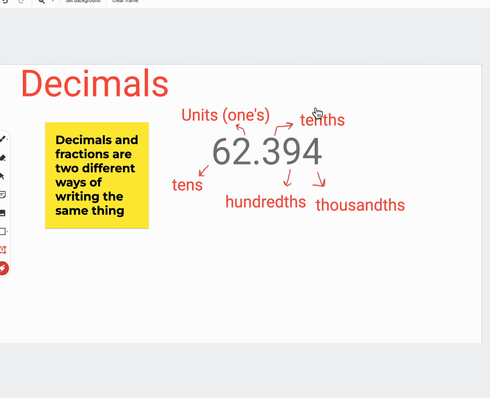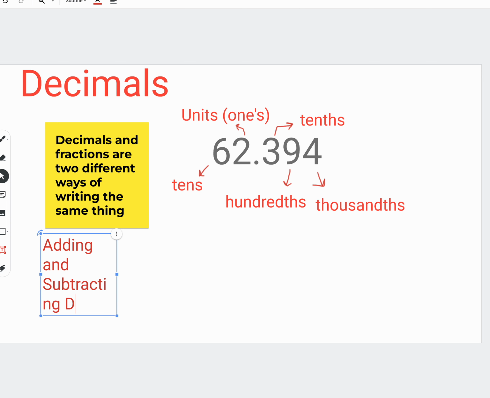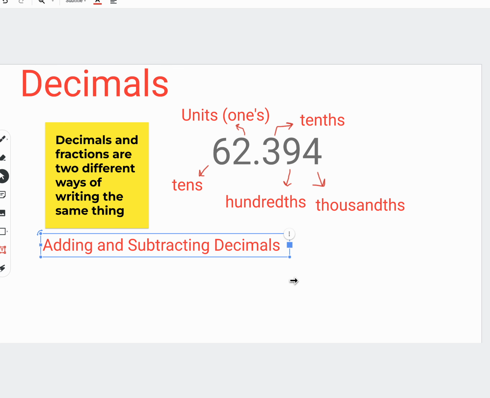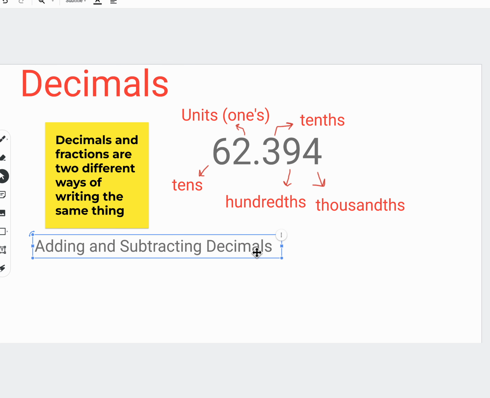Now, besides knowing the decimal place numbers, we also will need to know how to add and subtract. To add up the decimals, we simply line up the decimal places and add.